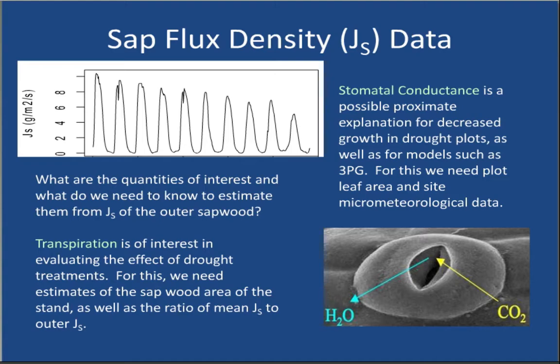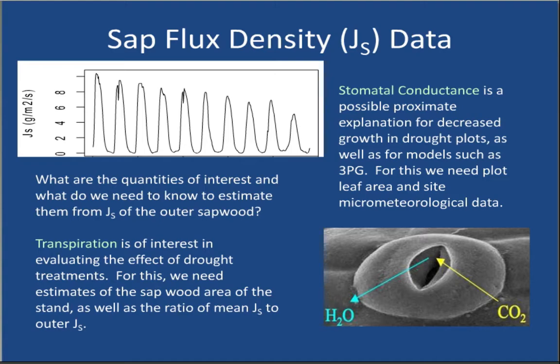Also, fertilization can have effects on tree leaf area, and therefore might affect transpiration as well. To scale the transpiration from the sap flux, we need an estimate of the total sapwood area in each plot, as well as the ratio of the mean sap flux across all the sapwood area to that in the outer sapwood that we're measuring.